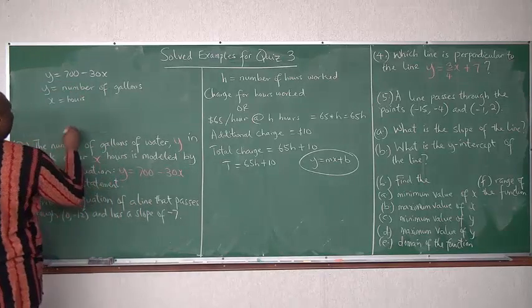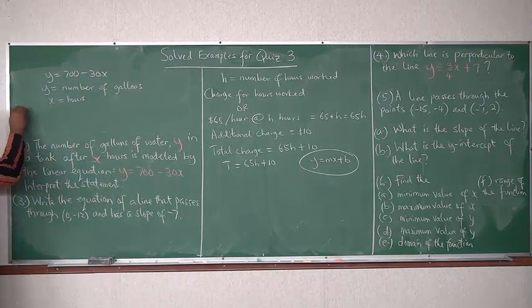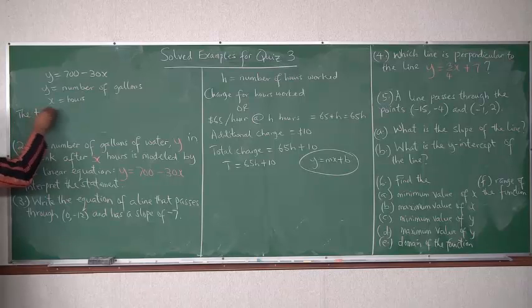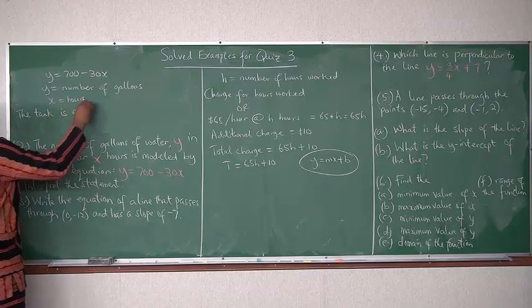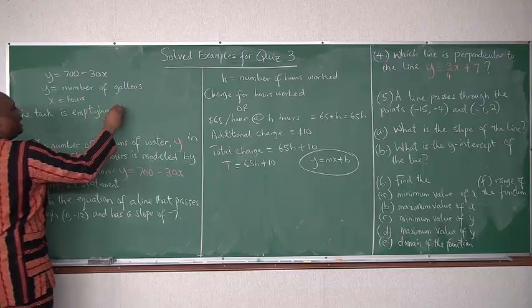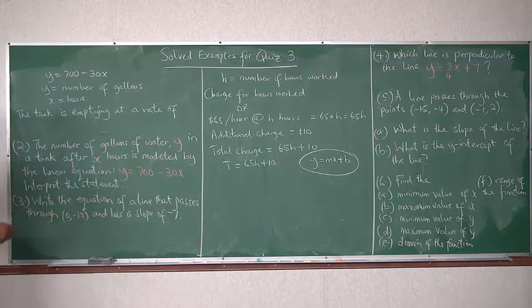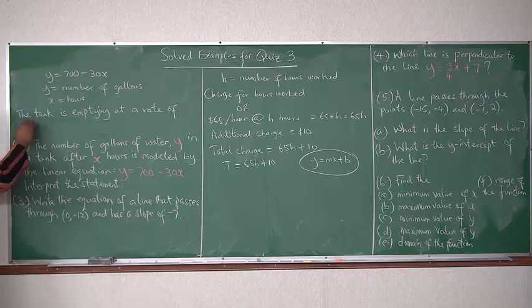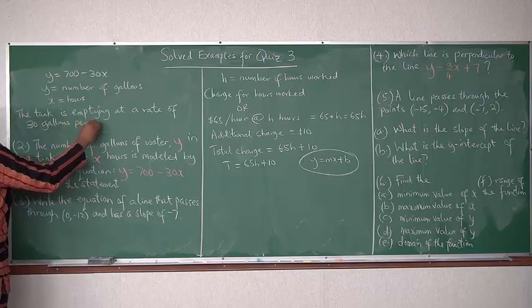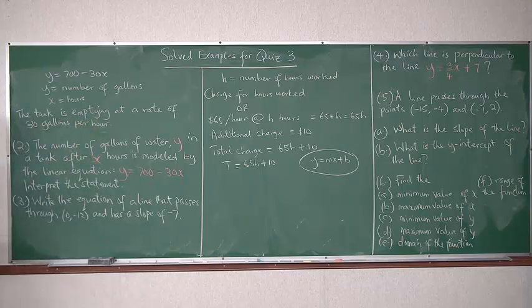So the interpretation is that the tank is emptying at a rate of 30 gallons per hour.